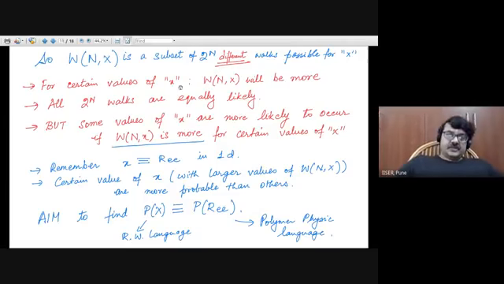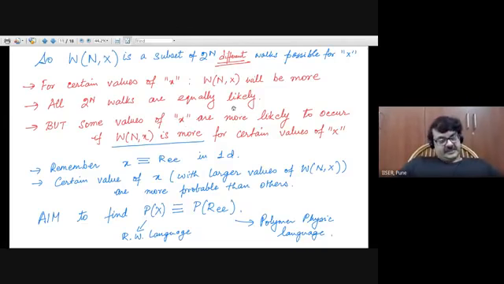So for certain values of displacement x, W(n,x) will be more with fixed n steps. Remember, all the 2 to the power n random walks are equally likely. Right? All walks are equally likely, but some values of displacement are more likely than the others.